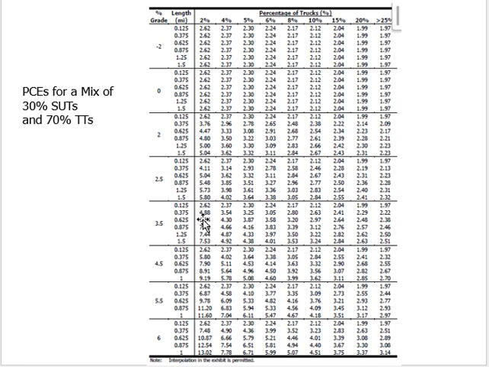We pick the last one. But I have 15% trucks, so I'll pick the last one from this column. So for the 4.5% gradient, my length is 2 miles, more than this, and my trucks are 15%. So my value is 3.11.